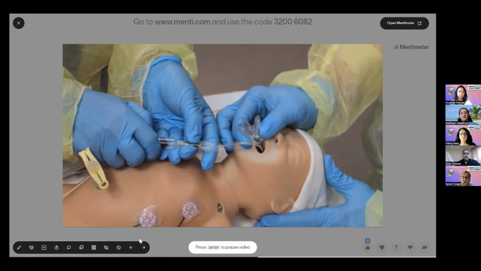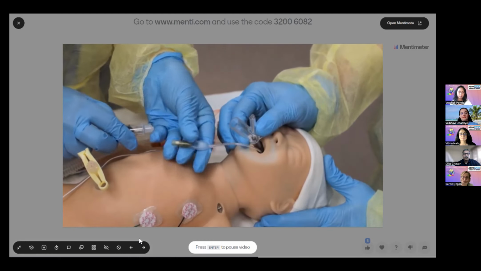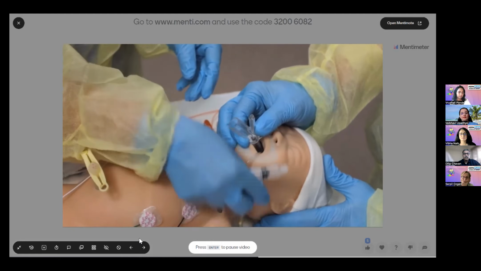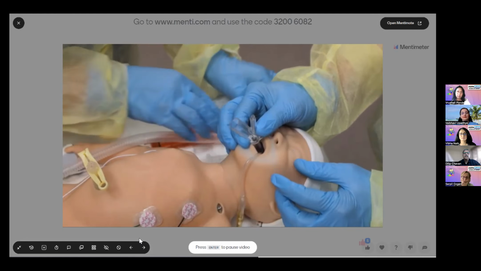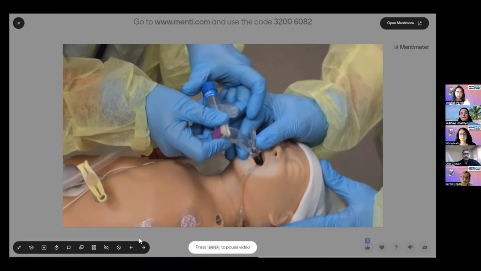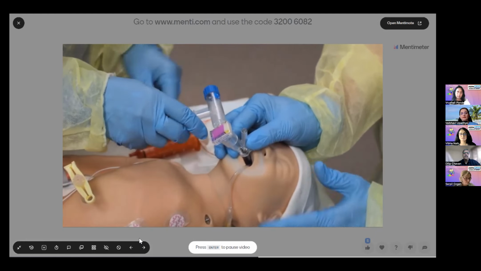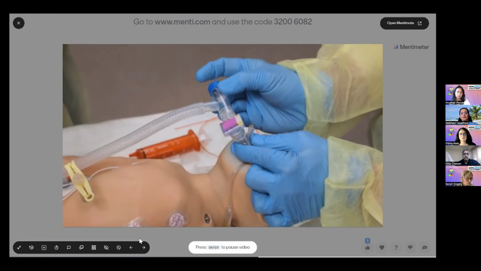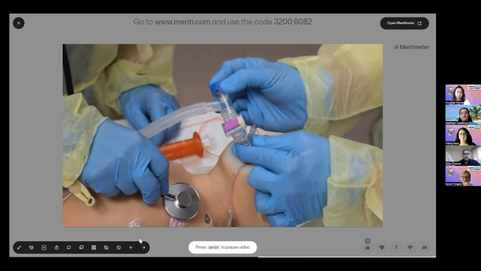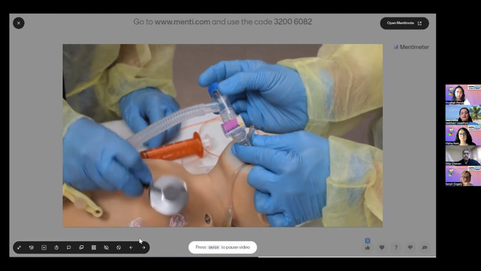The device may move slightly outward when it's inflated. Assess inflation by feeling the pilot balloon. Never inflate the mask with more than the manufacturer's recommended volume of air. Attach a PPV device and CO2 detector and begin PPV. Assess for chest movement and equal breath sounds. If ventilation is successful, the heart rate and oxygen saturation should increase.